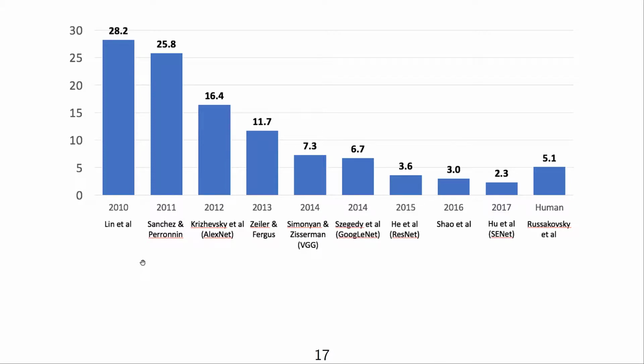In the beginning, you had these traditional techniques, and then in 2012 was this major breakthrough, AlexNet, which was a deep learning framework that drastically improved the performance. Now, the performance number here is actually not exactly clear what it is. We just say for now that lower is better. So it went from 25.8% error to 16.4% error.